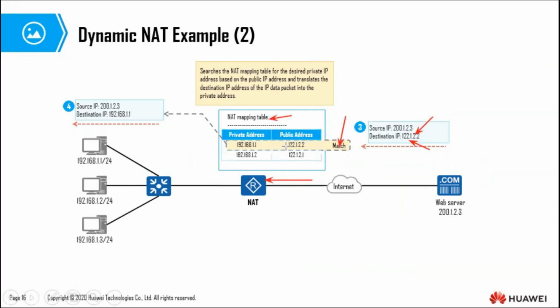Then it translates the destination IP address from 122.1.2.2 to 192.168.1.1 and sends that packet to the internal network. And finally, it's going to arrive to that particular person. So that is how that is achieved.